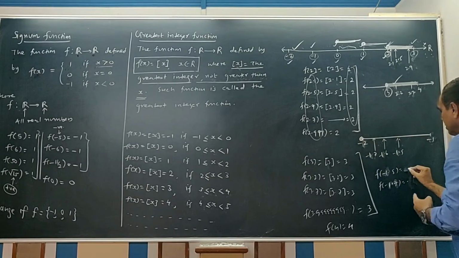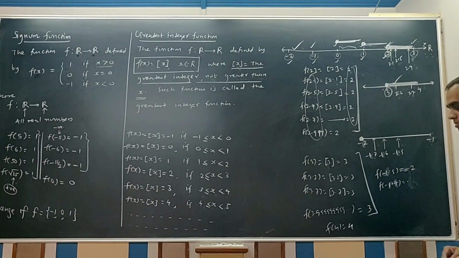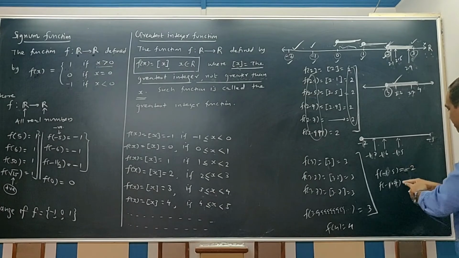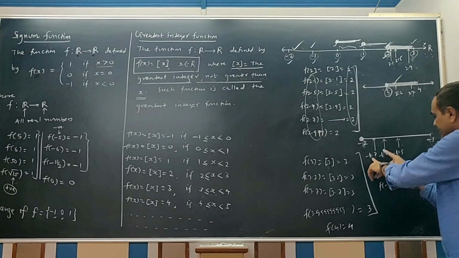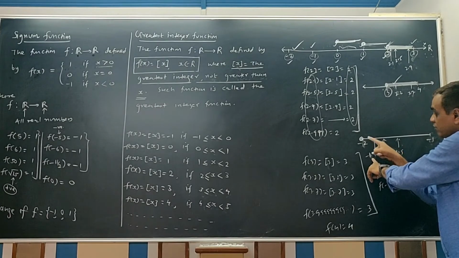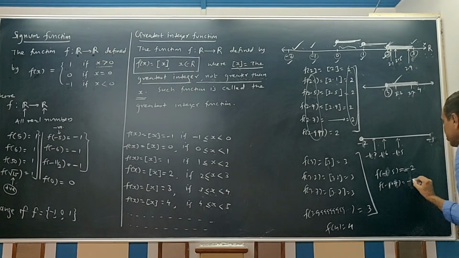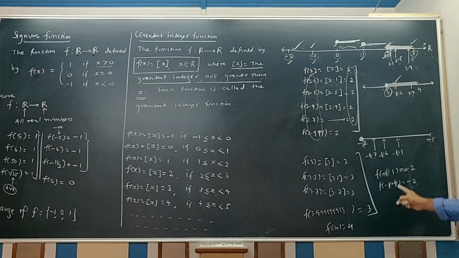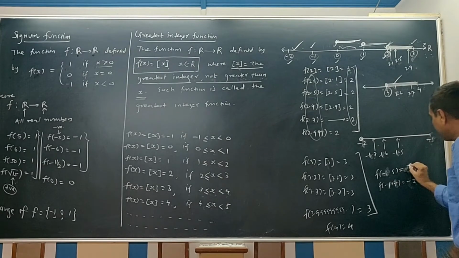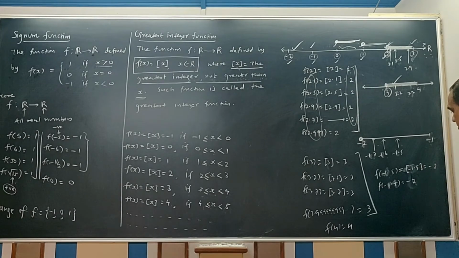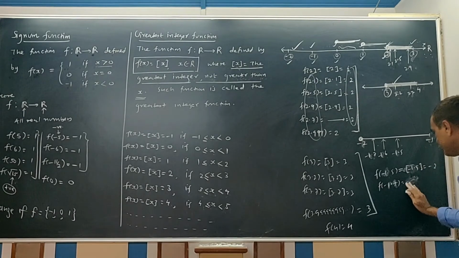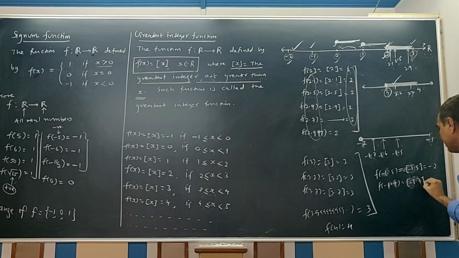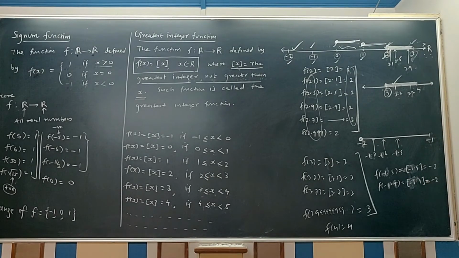Minus 2. So it is minus 2. f of minus 1.7: the very first integer on the left of minus 1.7 is minus 2. So this is the floor value of minus 1.5, and of minus 1.7, minus 2.